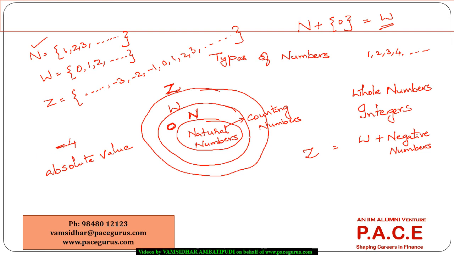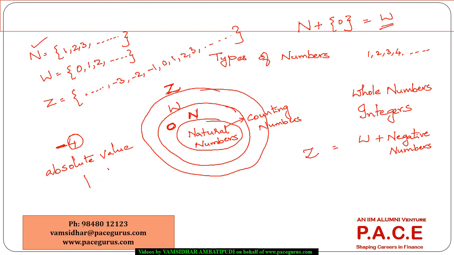Whether it is negative or positive, when we say the absolute value of a number, I am only bothered about the value, not the sign, plus or minus. I don't bother about it. So the absolute value of minus 4 is 4. The absolute value of plus 4 is still 4.